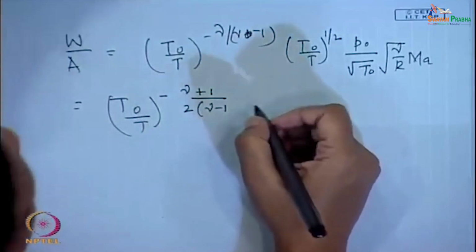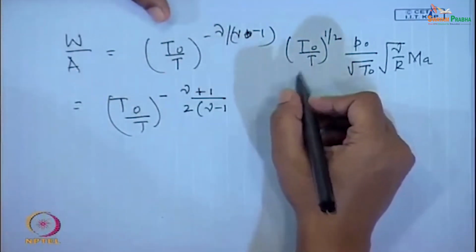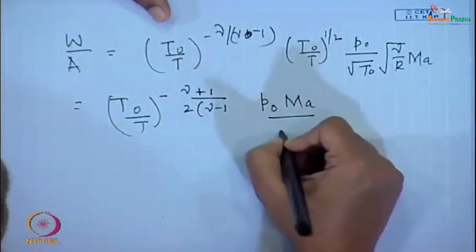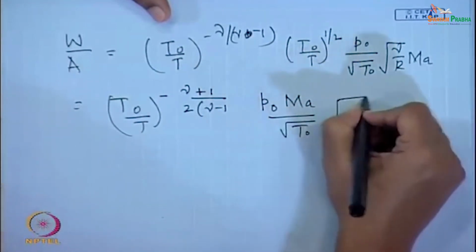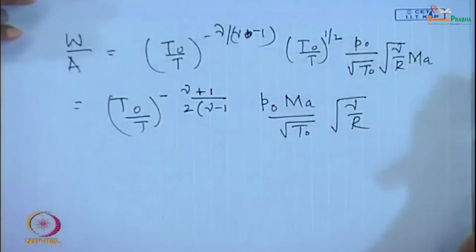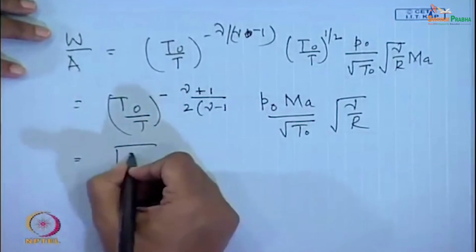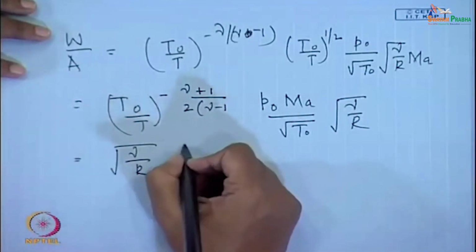Okay. I have combined these two terms, and then it comes as P 0 M A by root T 0, root over of gamma by R, or if I arrange it slightly more, it is almost the same thing, rearranging and writing.